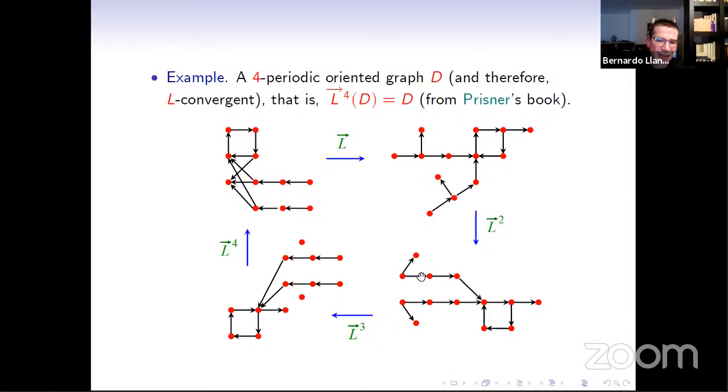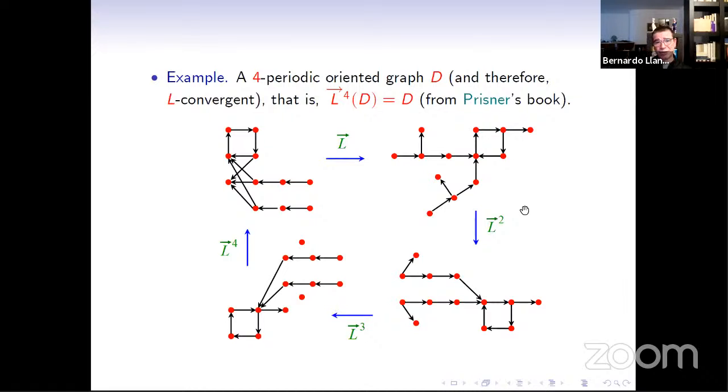You have a vertex here and they are not related, so this is an isolated vertex. And from this you have this because you eliminate these vertices, and this is because of another definition called mortality, which is in Prisner's book, but I didn't want to complicate more, so I didn't include some more technical definitions. But believe me, it is a very nice example.